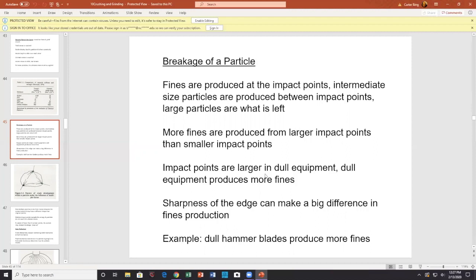Impact points are larger for dull equipment. Dull equipment produces more fines. Sharpness of the edge can make a big difference in fines production. I said fines are out of control. Again, the engineering principle: if they're out of control, well, then get in there and control them, right?